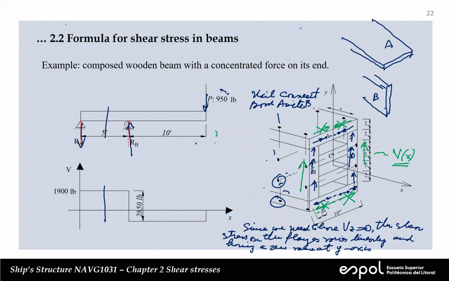Okay, here on this beam, this is X direction, this is Y direction. If we make a cut here, let me draw in a simple way. This is your beam. This is the X direction. This is the Y direction, and this is the Z direction.